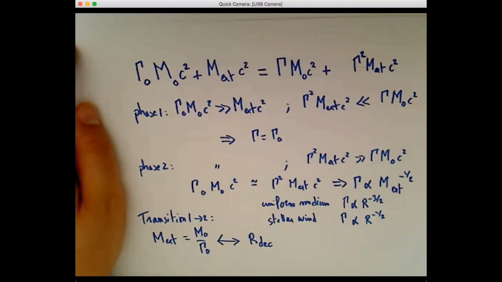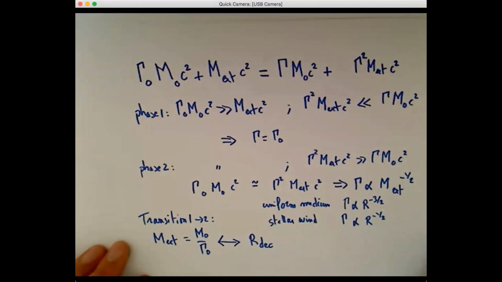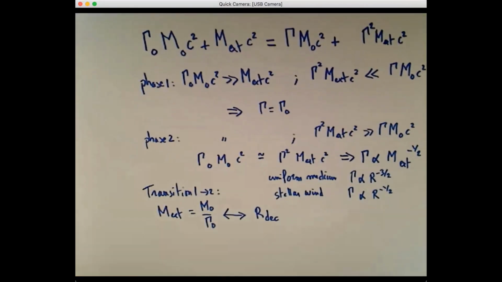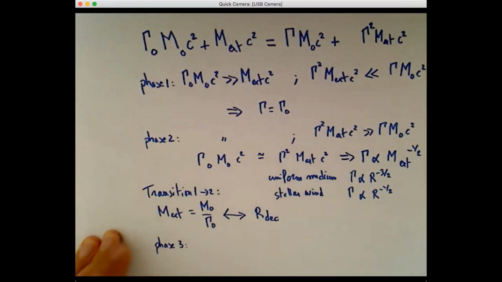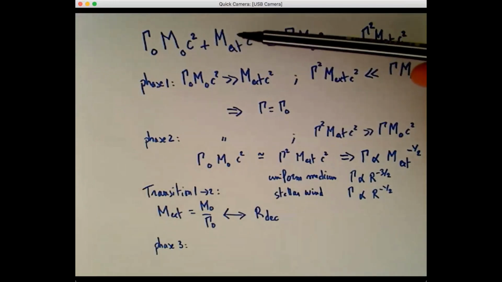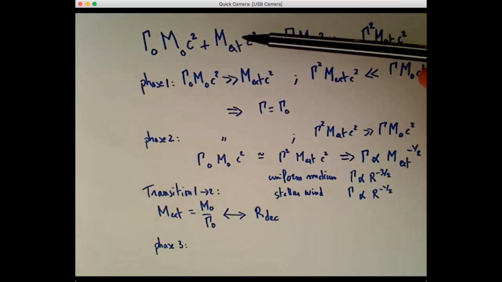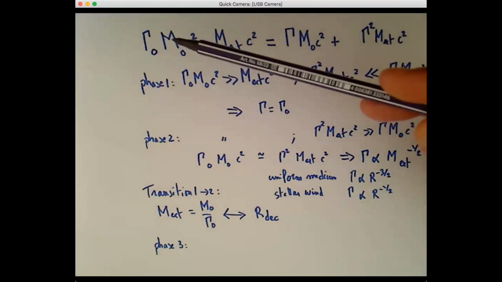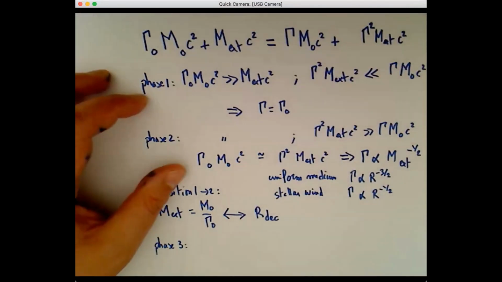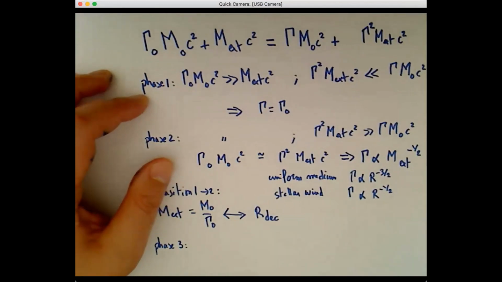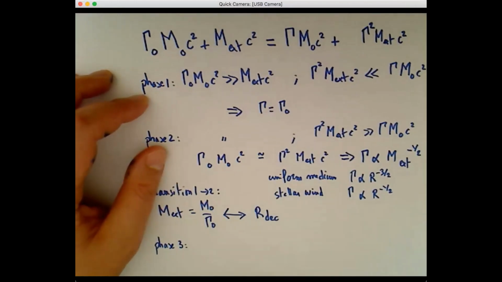Okay. And then I can mention a last phase in the evolution. As the swept up mass is increasing with time, at some point, this term, the rest mass energy of the external medium, can become larger than the initial energy of the ejecta. And this is, of course, the moment where the ejecta will become non-relativistic.